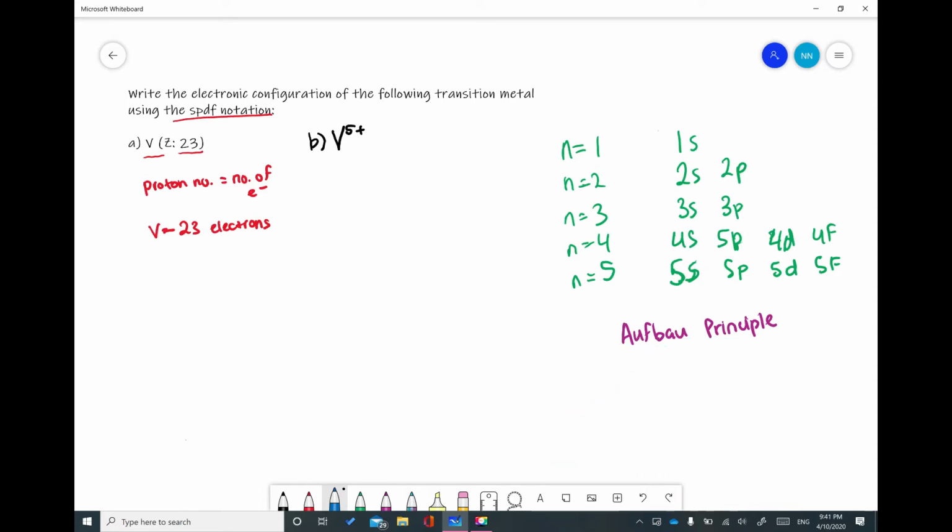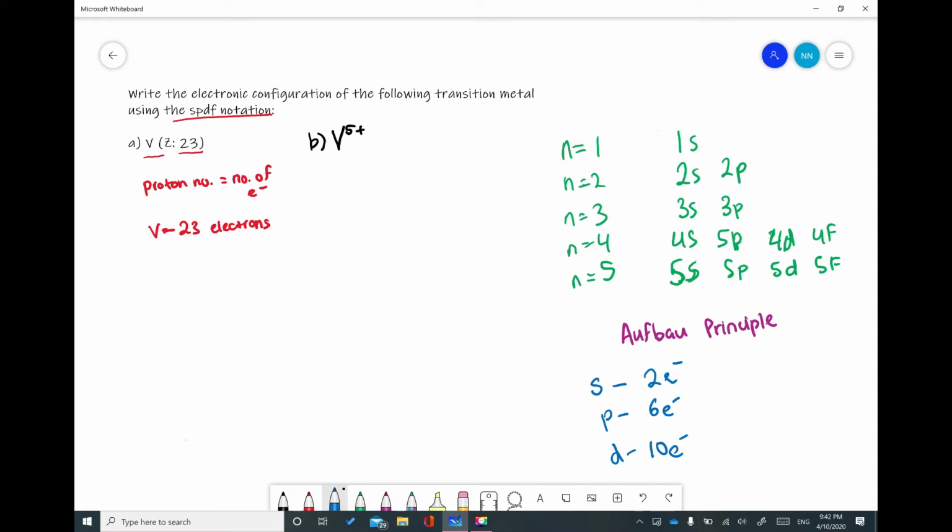Now we're going to start writing the electronic configuration in accordance with the Aufbau principle. Note that the s orbital can occupy a maximum of 2 electrons, the p orbital 6 electrons, and the d orbital 10 electrons, according to the possible orbitals available in the subshell.